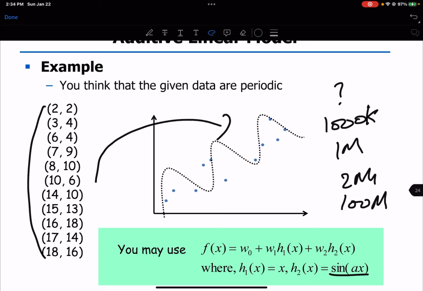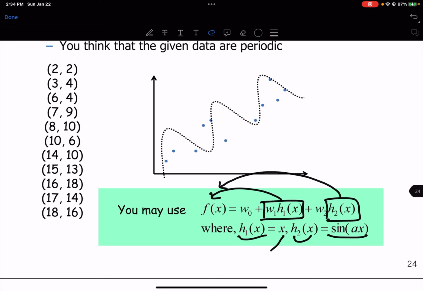So in this case, we are choosing the sine function of x. So each variable will have an independent relationship with this f of x. So for the linear part, for example, when x is linear, it will have a relationship like this. But if it is sinusoidal, it will look like this.